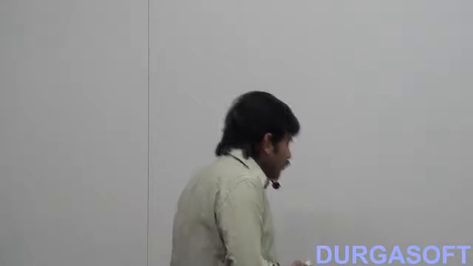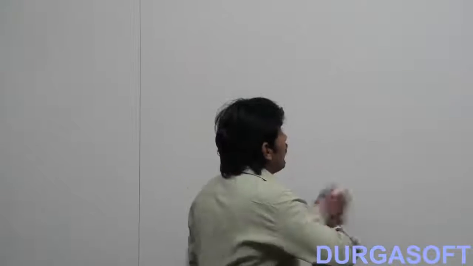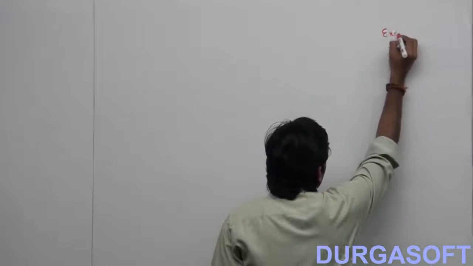Now we have several exceptions and errors, some checked and some unchecked, and you should have clarity. If you observe the exception hierarchy, we have a brief hierarchy.